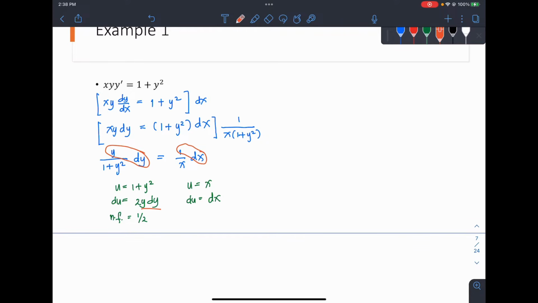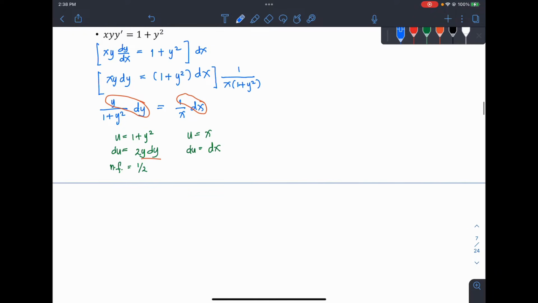For both cases, it will be a logarithm. Remember that the integral of 1 over u du is the same as ln u plus c. That is our formula.